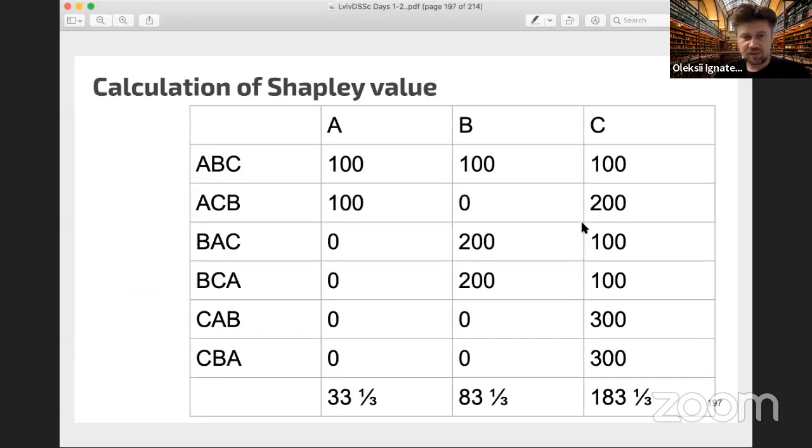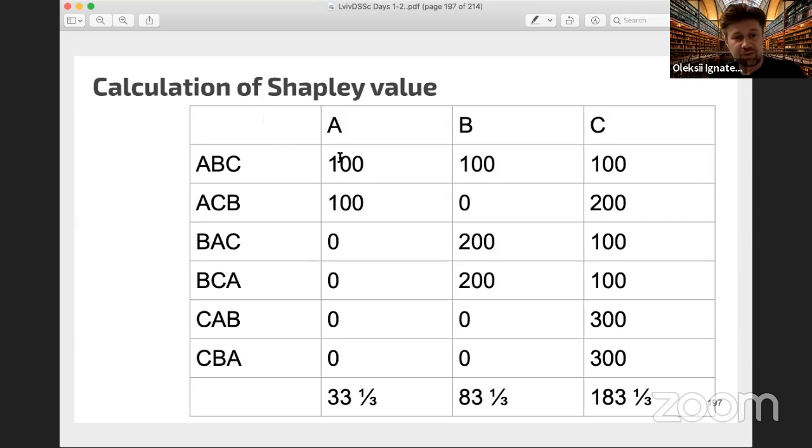So the idea of Shapley is to make some combinatorial calculation where you need to write down all permutations of players, and then write down the value that each player brings to the coalition.